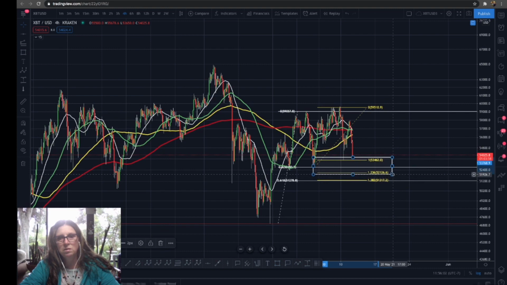All these three targets right here come right into the 0.5 618. So it's looking good. We just can't break this bottom.